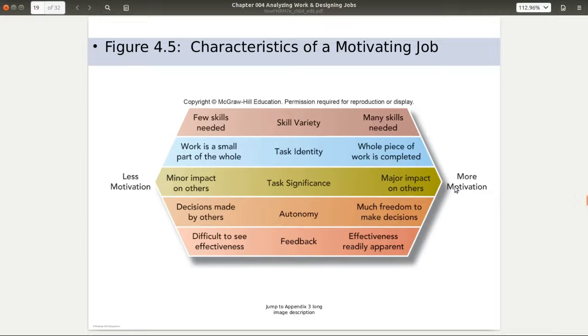When you start thinking about more motivation, you need more skills. Maybe you're seeing an entire piece. Instead of just one leg, you're seeing the entire chair. Or maybe you have a major impact on others. In other words, a physician, a doctor, may have a major impact on others.